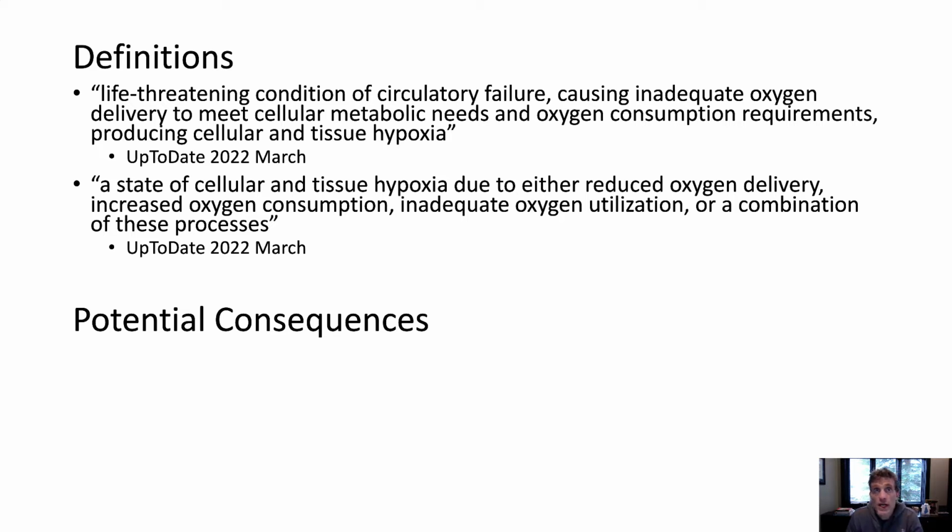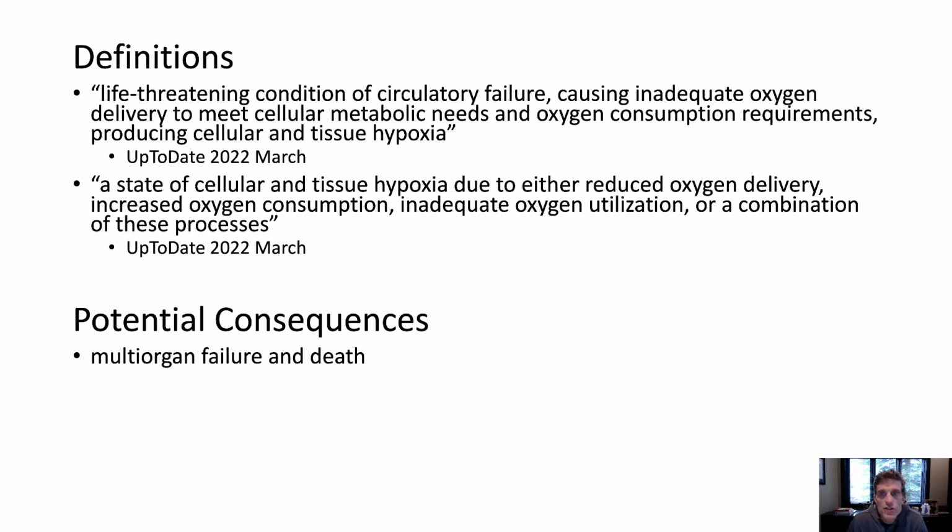You will not have hypoxemia. I said the sats were 100%, but you will have hypoxia at a tissue level. And that's a part of the importance of understanding the definitions of hypoxemia and hypoxia. So potential consequences of shock: multi-organ failure and death.